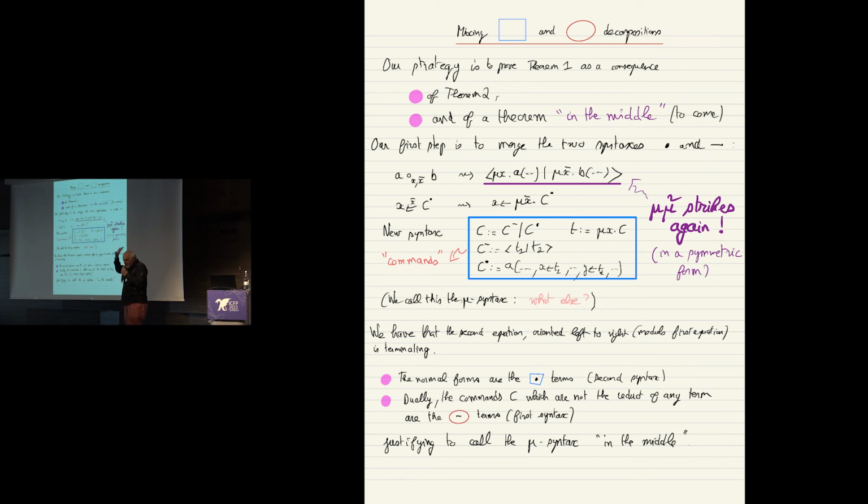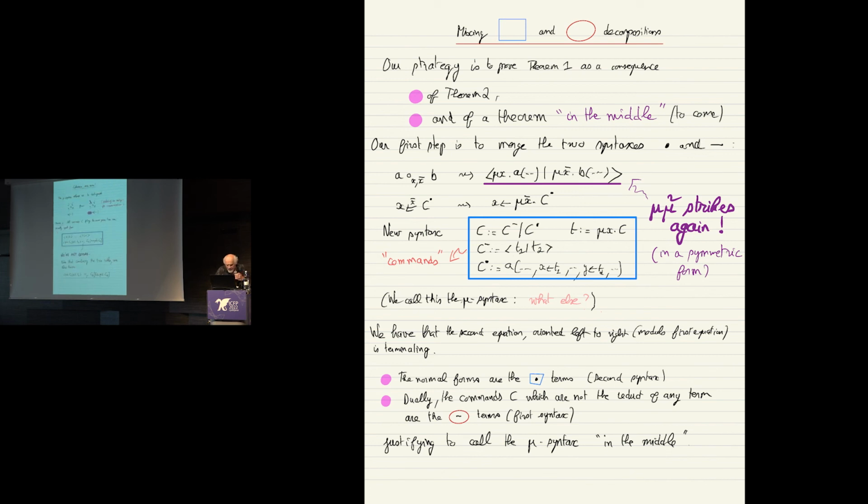Okay, this is linear. I will come back to this at the end. So, an interesting remark is that the normal forms correspond exactly to the blue syntax. And then the anti-normal forms, what are the anti-normal forms? Those are the terms that are not reducts of any term. Those are exactly the red terms. Okay, so it's interesting because the mixing of the two syntaxes fits well with the rewriting system.